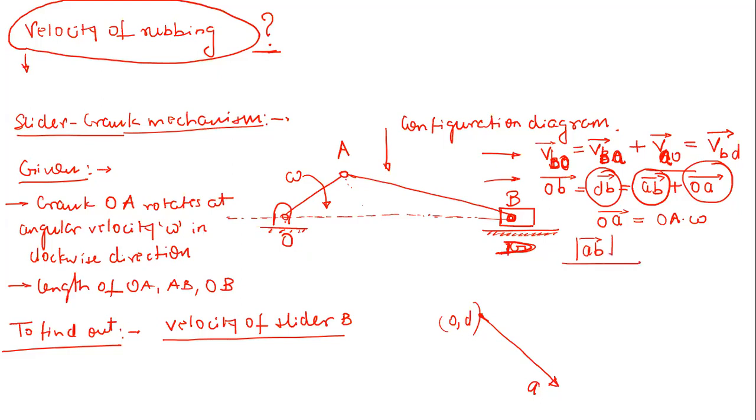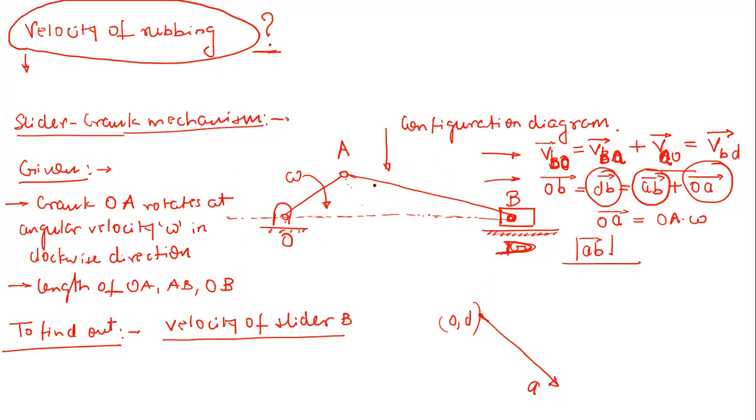So just think here, is AB vector known in magnitude? AB vector, velocity of B with respect to A. Is it known in magnitude? AB vector is right now not known in magnitude. Is it possible to calculate AB vector right now? No, no information is given.